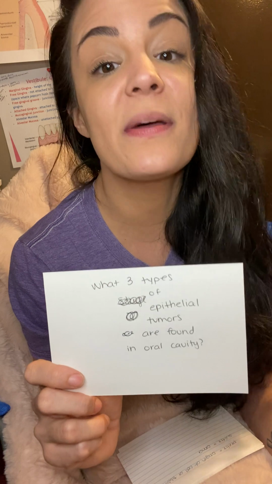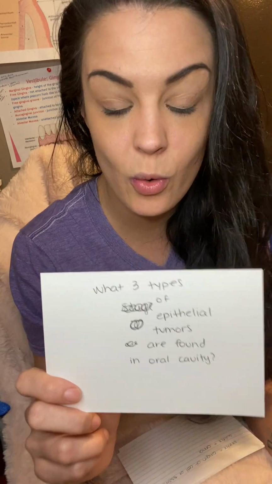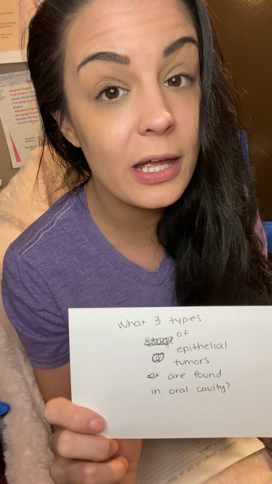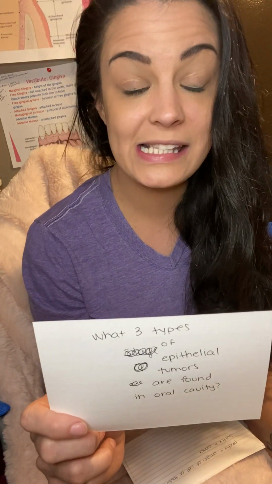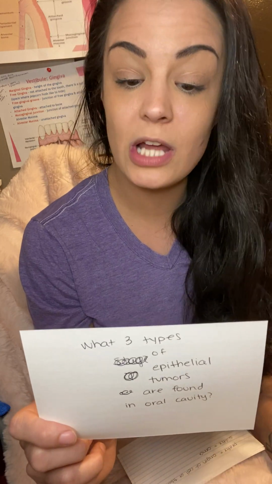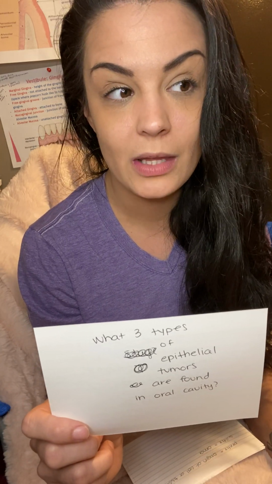All right, what 3 types of epithelial tumors are found in the oral cavity? We have squamous epithelium. We have salivary gland epithelium. And we have odontogenic epithelium.